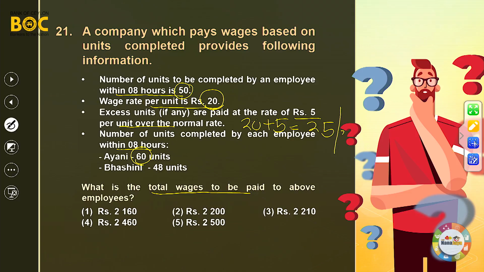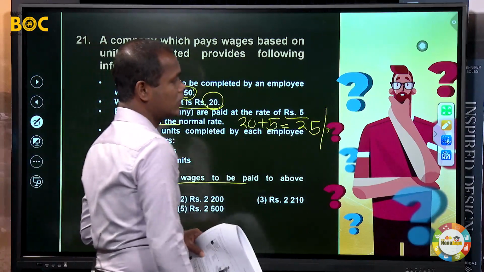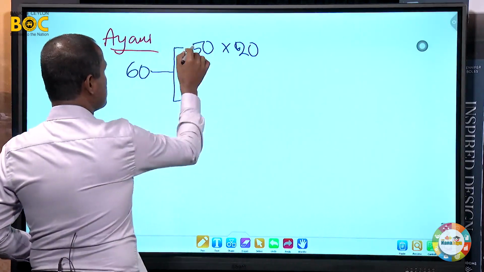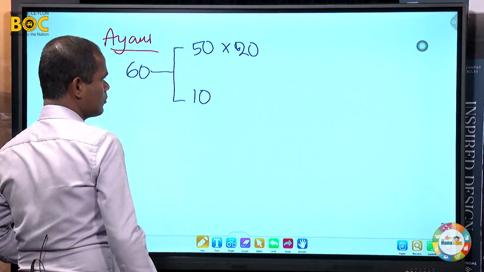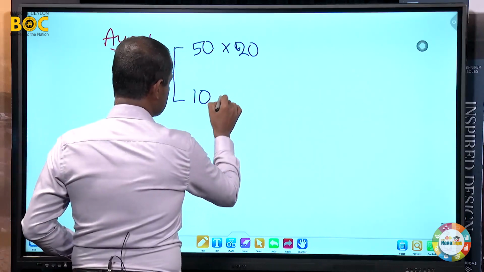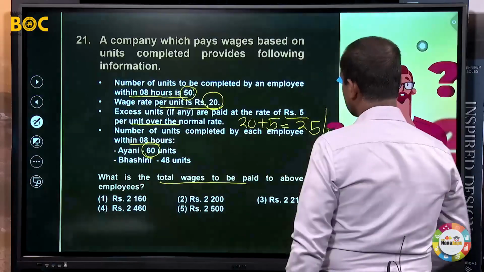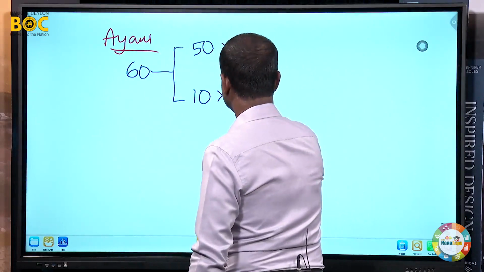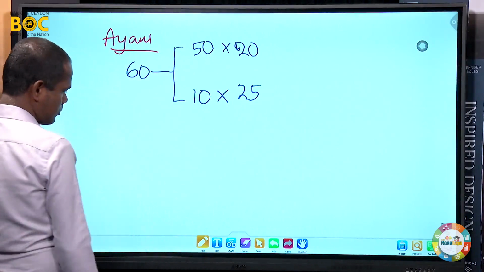Within 8 hours they are supposed to complete 50 units, but Ayani has completed 60 units. She has extra production, 60 minus 50, excess 10 units. The excess units you pay at the rate of 25. This is Ayani, the first employee.